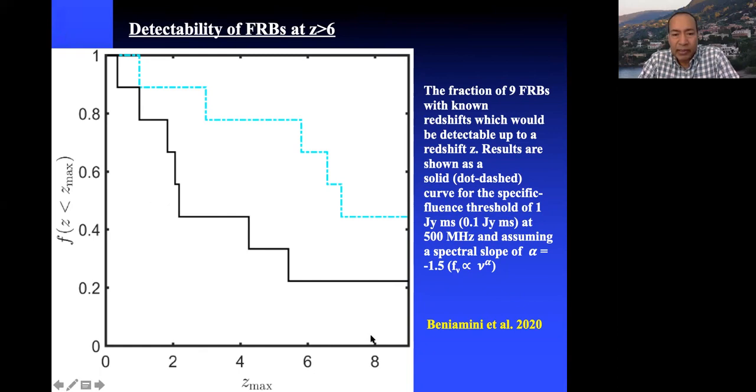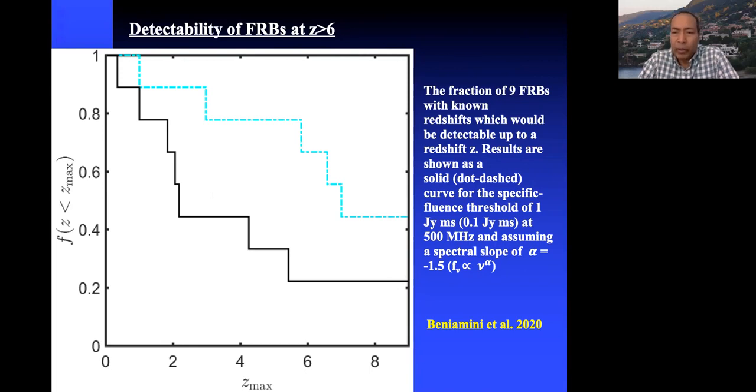So the x-axis is redshift, and the y-axis is the fraction of FRBs. So this is 9 FRBs with known redshift, and what fraction of them, if they were at redshift between 6 and 9, can be detected? The answer is 20% with the current sensitivity of the telescopes that we have.